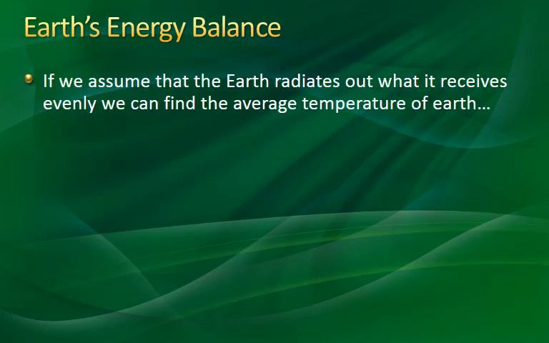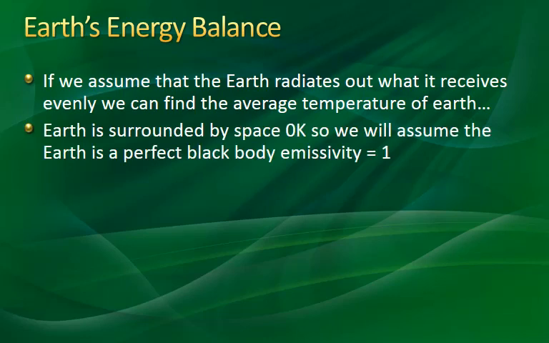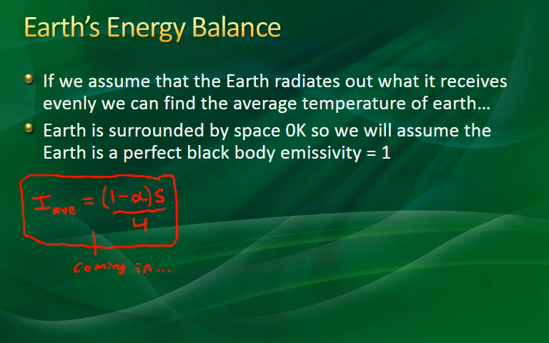If we think of the Earth's energy balance, the Earth radiates out what it receives, evenly, and we can find the average temperature of the Earth. What it receives, it radiates out, so there's a balance there. The Earth is surrounded by space at 0 Kelvin, so we'll assume that the Earth is a perfect black body.